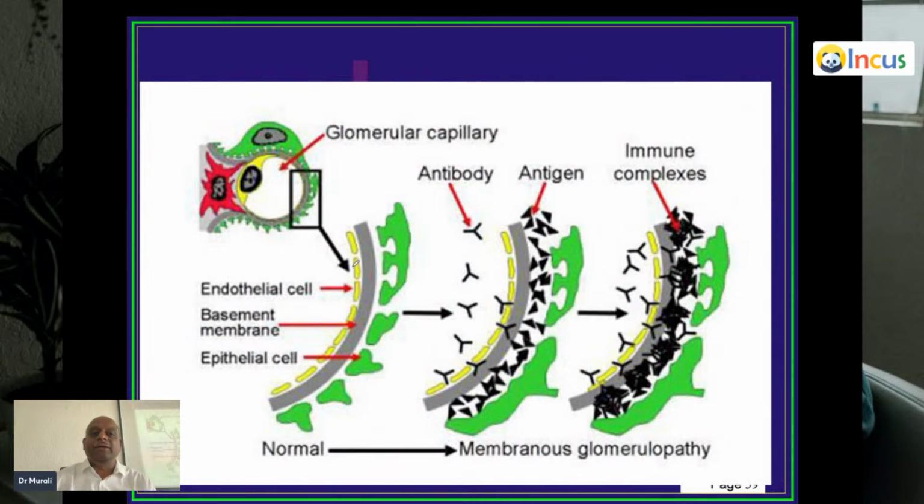So this is the endothelial cell, this is the basement membrane, this is the epithelial cell. Fundamental architecture of our glomerulus, right?